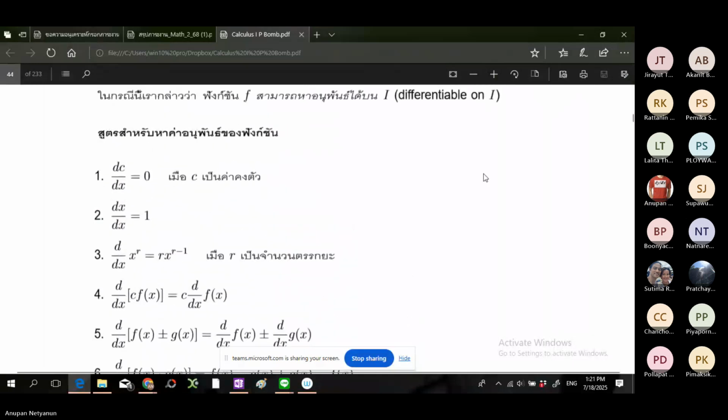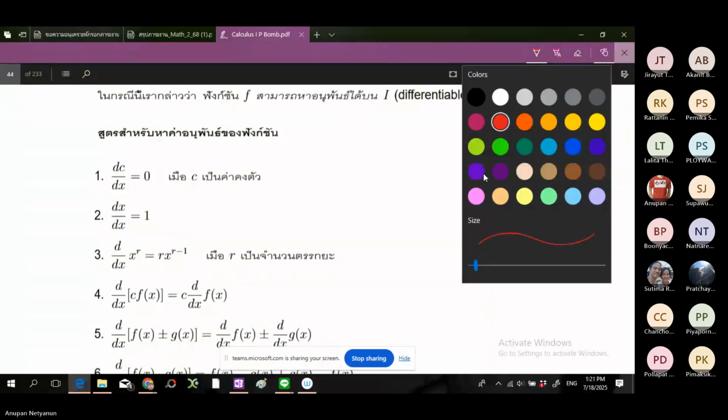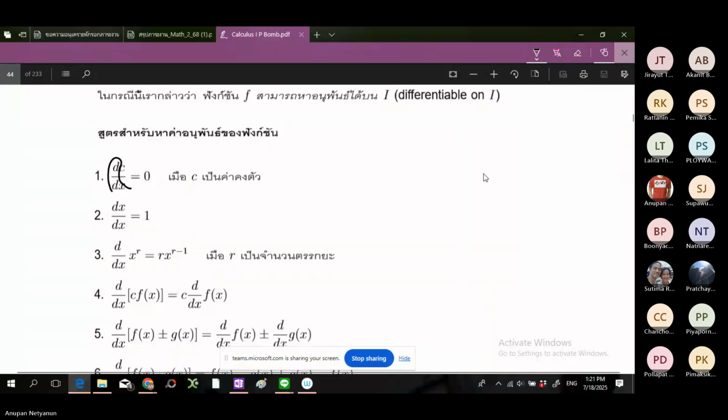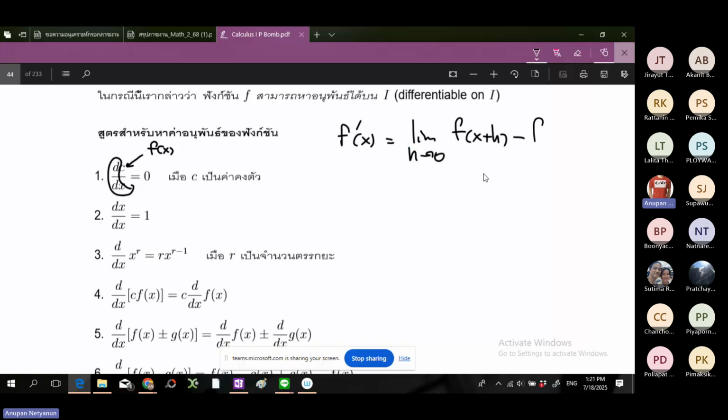You can see that the derivative of a constant function, this is my function which is equal to c, which is a constant function, is equal to 0. You can try. Let me show you. Since I have the derivative of f at any x equal to the limit when h approaches 0 of f of x plus h minus f of x divided by h.